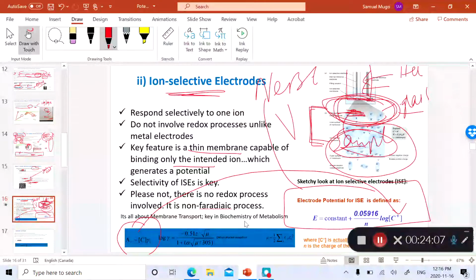The good thing is the activity of the analyte is proportional to the concentration multiplied by the activity coefficient. Now, in most cases, activity coefficients are very, very close to 1, and so that is why we make this approximation that the E of the cell is proportional to the concentration. But ideally, we are measuring activity in potentiometry.